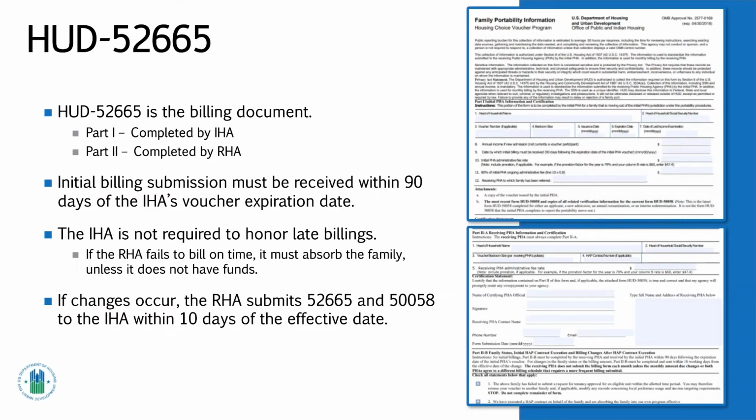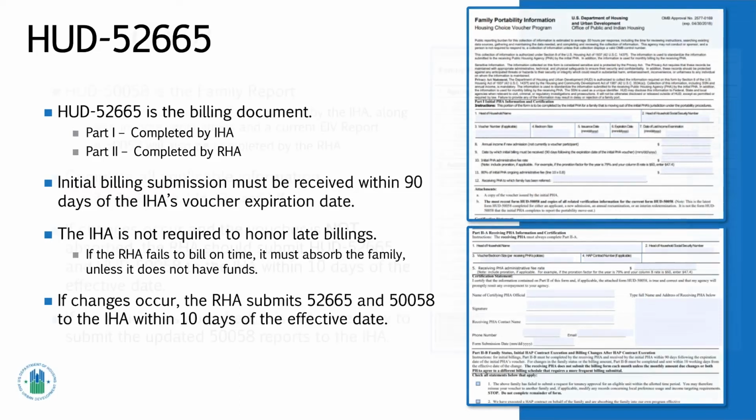The HUD 52665 form, part 2 of the form, is completed by the receiving housing authority. And again, on part 2 is where the receiving housing authority will indicate any changes.